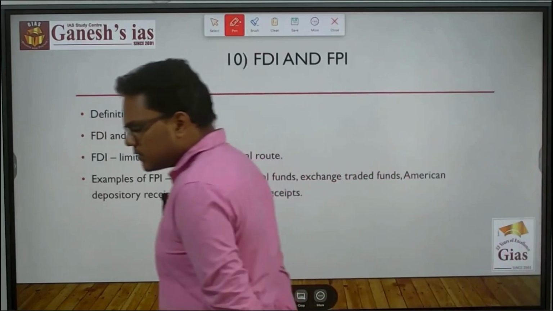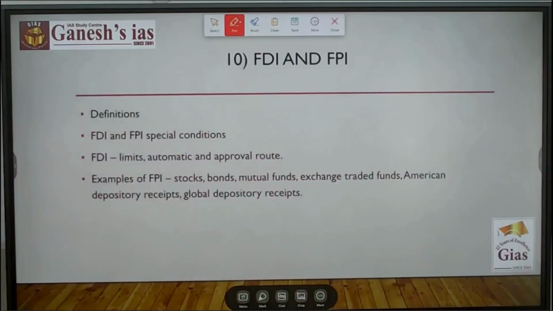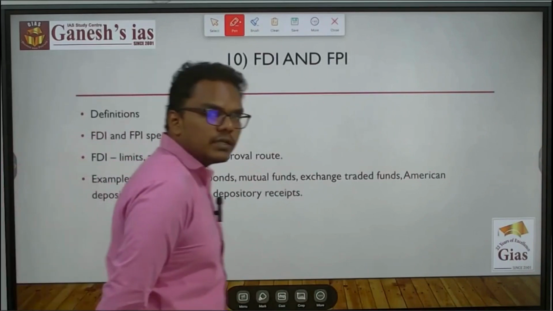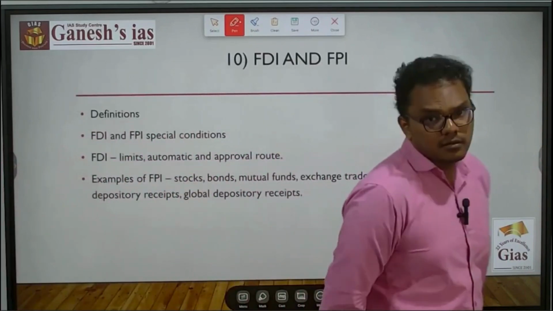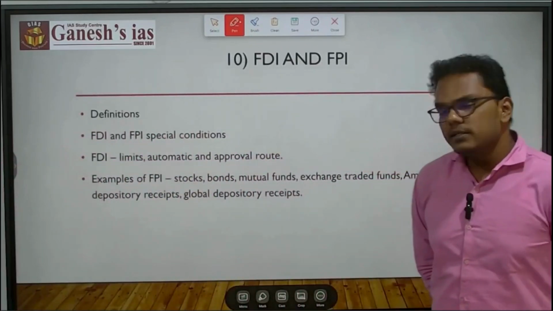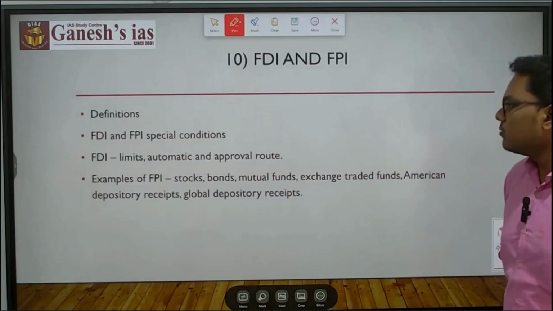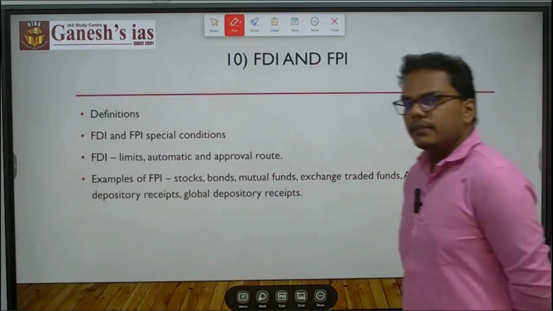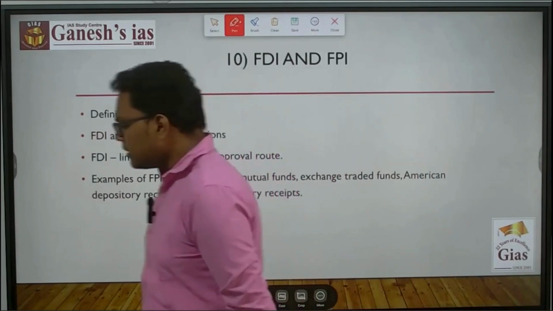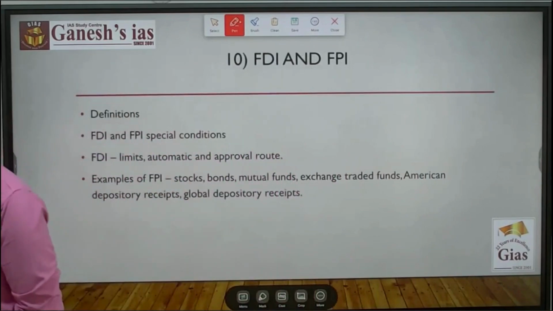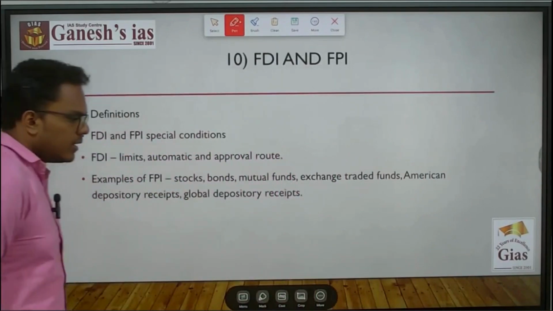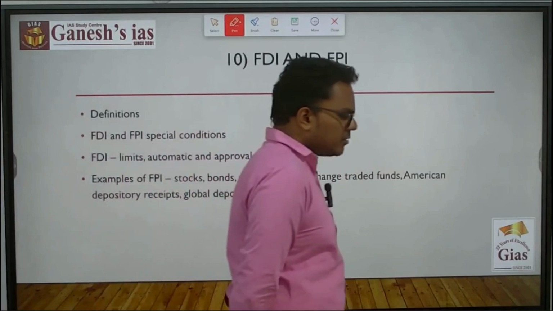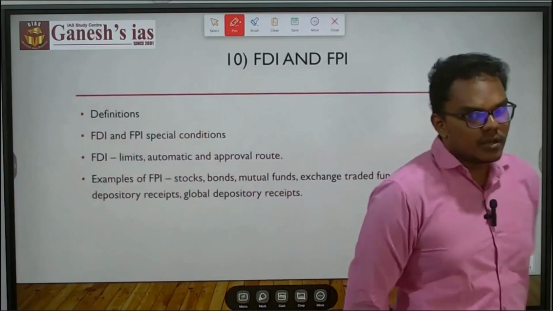And under certain special conditions, your FPI becomes an FDI. If your FPI is more than 10% of the net worth of the company, then it will be classified as an FDI. So that you need to know. And then with respect to FDI, you need to know about the limits. You need to know about the automatic, the special automatic, and the approval route.